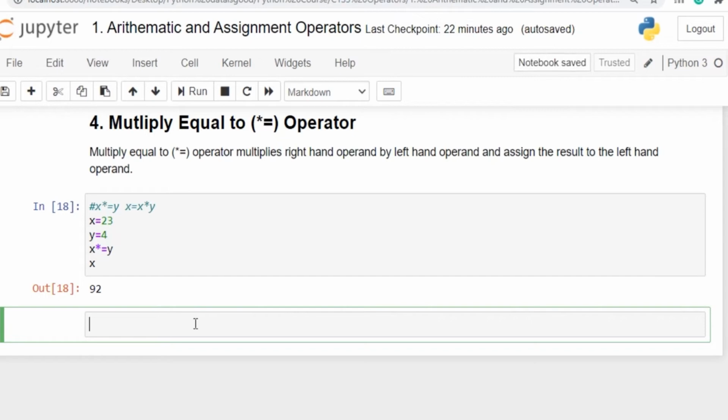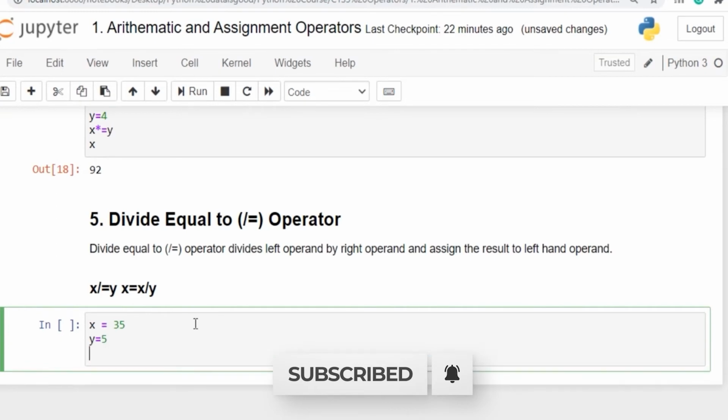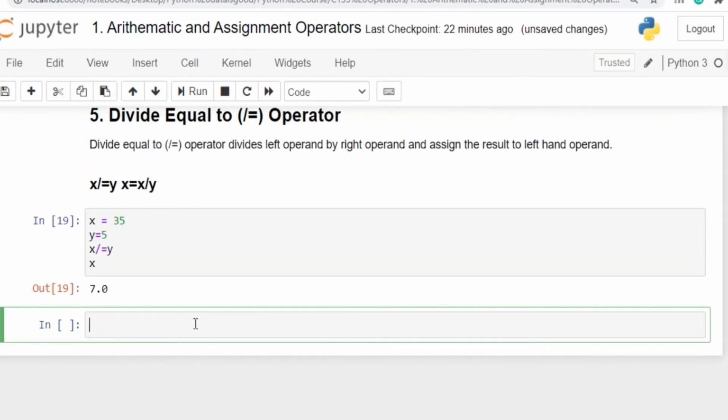Next we have the divide equal to operator, which divides the left operand by the right operand and assigns the result to the left operand. For example, x divided equal to y implies x is equal to x divided by y. X equal to 35, y equal to 5. X is equal to 35 divided by 5 equal to 7.